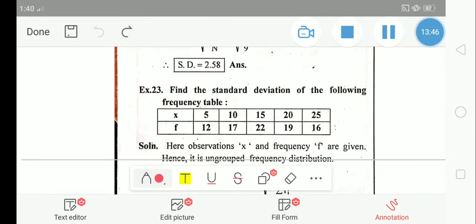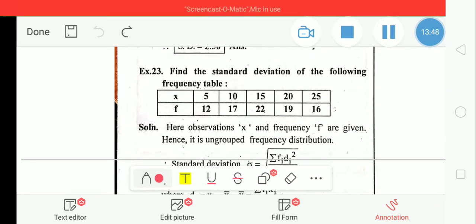Next example. Find the standard deviation of the following frequency table. Here this is xi and this is the frequency, fi. Find the standard deviation. Here observation x and frequency f are given, hence it is an ungrouped frequency distribution.